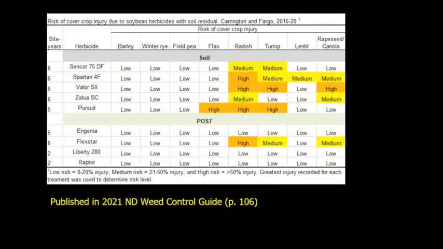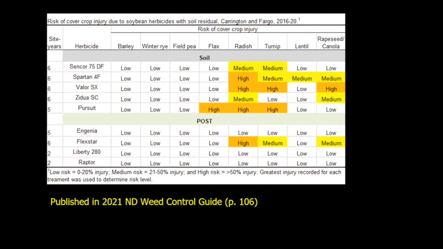Ultimately, we built this table just recently. By the way, this is in the 2021 North Dakota Weed Control Guide on page 106. In the table, you see that we had up to 6 site years of data with the herbicides that are listed, as well as the cover crops. We assess the injury level of the cover crops at 3 levels, either low, medium, or high, and those are defined in the footnote of the table.